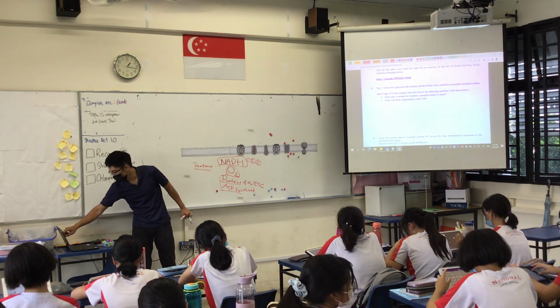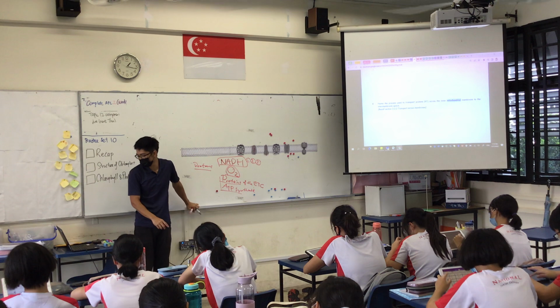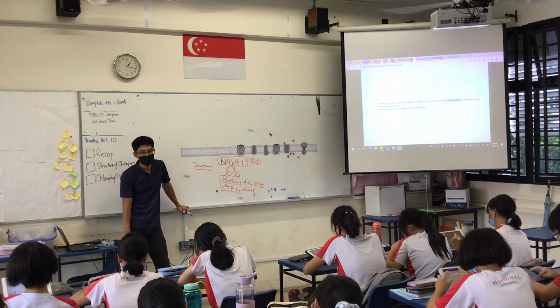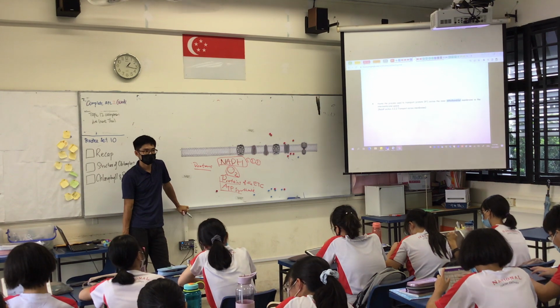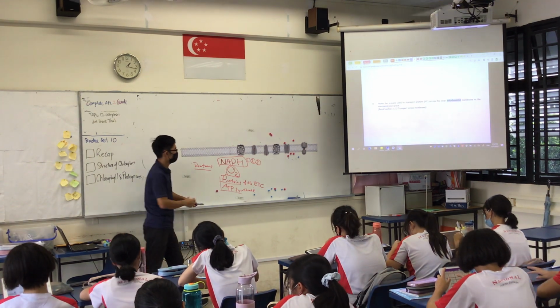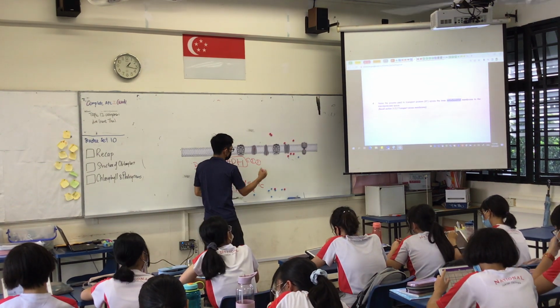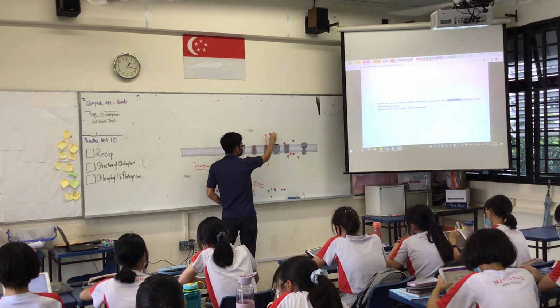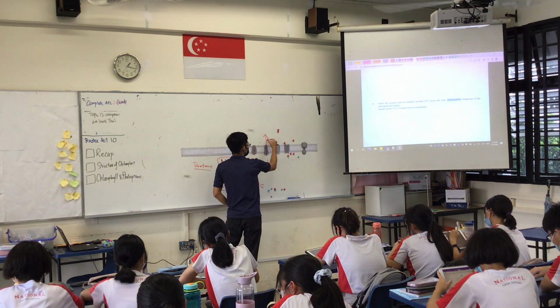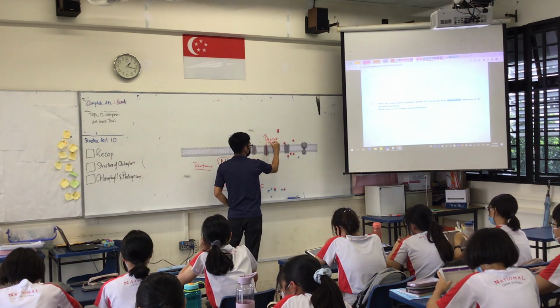Question 4. They ask you to name the process used to transport the H+ from one region to another. There are two processes here. First one, protons being transported from the matrix to the intermembrane space. This is active transport.